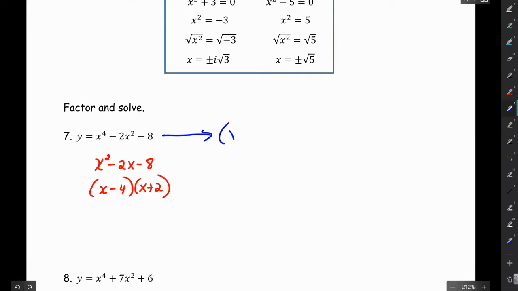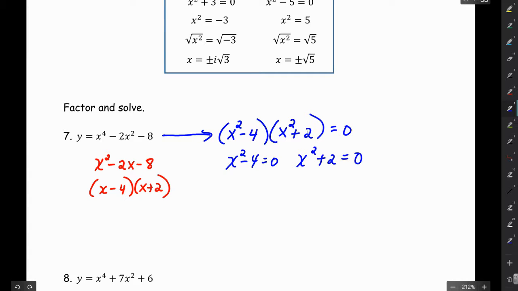So I'm going to write that as x squared minus 4 and x squared plus 2. And now I'm going to set each of those equal to 0. And I'm going to solve. Now remember, this is a quartic polynomial, so I'm going to get 4 solutions.